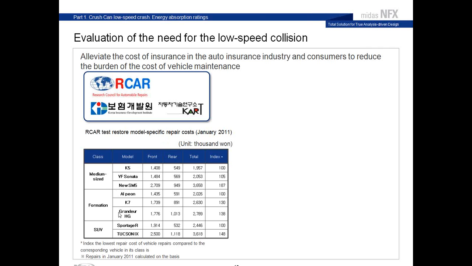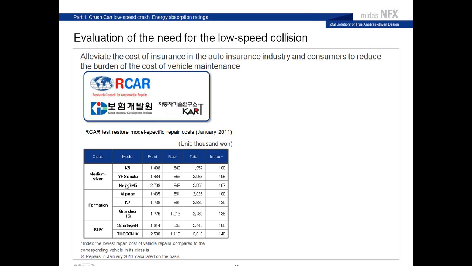So you have some models of cars, so the K5, and you can see, for example, the difference between these two models. The K5 has repair costs of 1,004, so the unit is in million of won, so it's a Korean unit, 1,000 won, sorry. So you see it's 1.4 million won actually, and 0.5 million, so it makes a total of around 2 million won for the repair if you have this front and rear low impact.